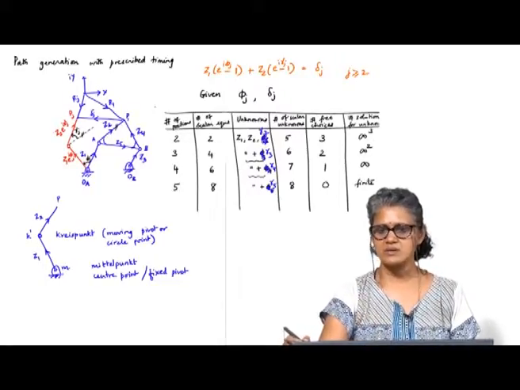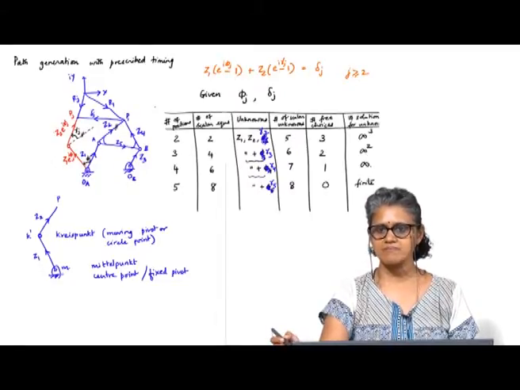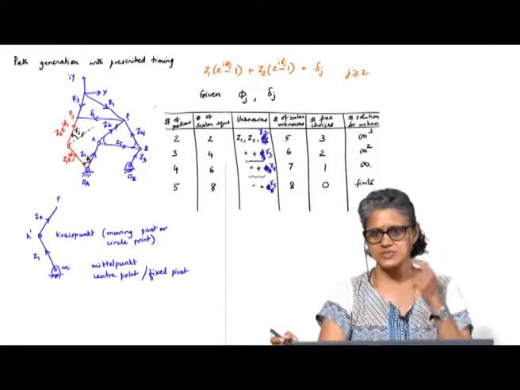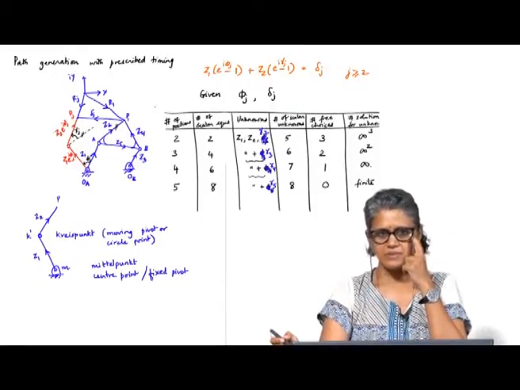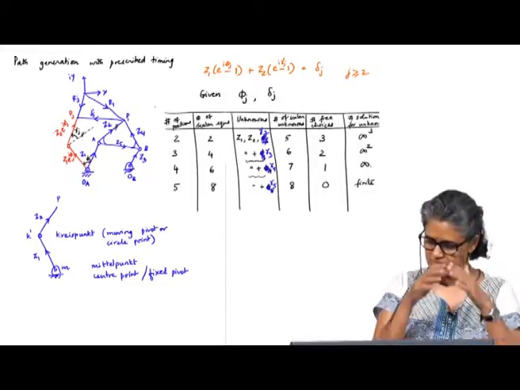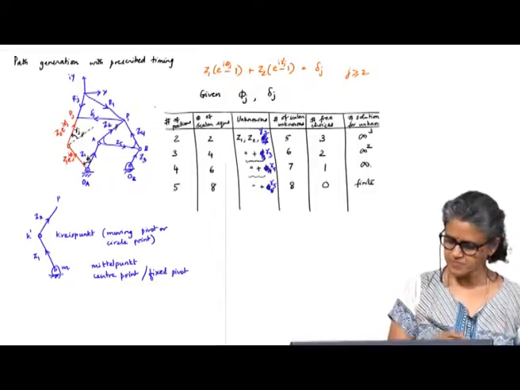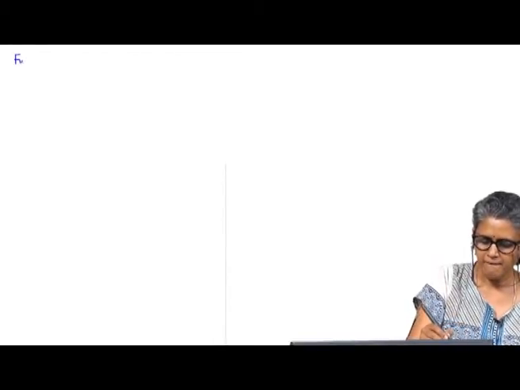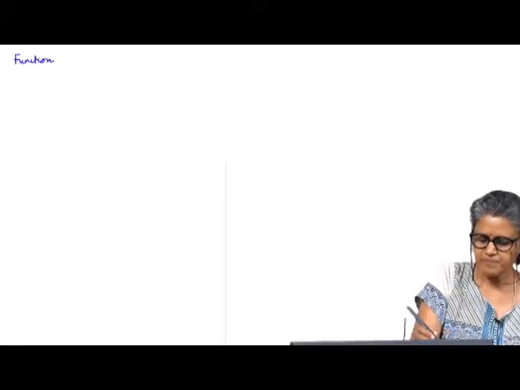So it is infinity to the power 6, or infinity square, the number of choices that I have for the two diodes that form the 4 bar. Okay. So now let us look at the function generation problem using this diode synthesis.